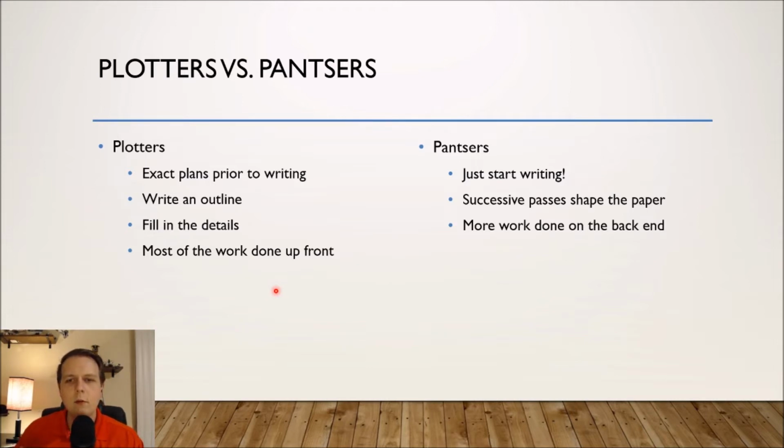No. Essentially, the difference between these two is that plotters need to figure out all the details before they really go in and actually do the writing itself. So these are people that need to have a very exact plan. They need to know exactly what points they're going to be making, when they're going to make them. And so very frequently they have a very detailed outline that they start out with.